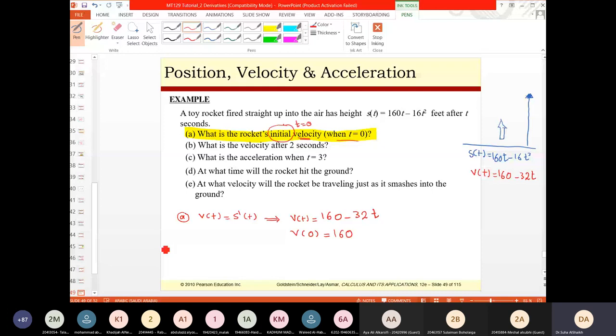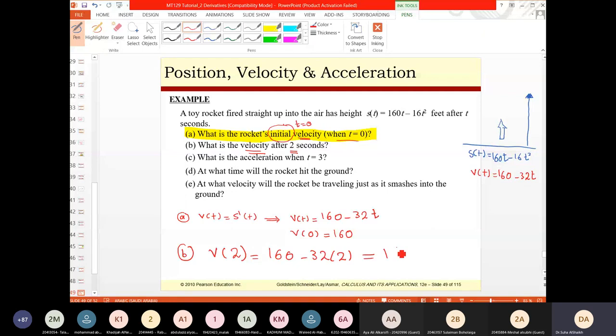In part B, what is the velocity after 2 seconds? So in 2 seconds, I'm talking about V at 2, when t is equal to 2. Yeah, excellent Khadija. So V at 2 is 160 minus 32 times 2. This equals 160 minus 64.